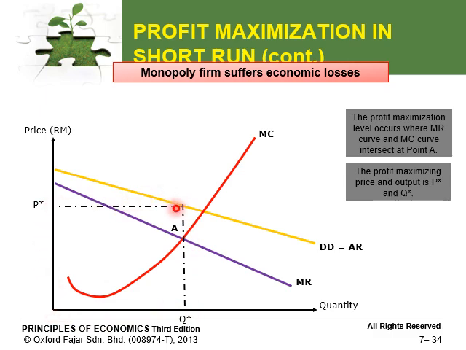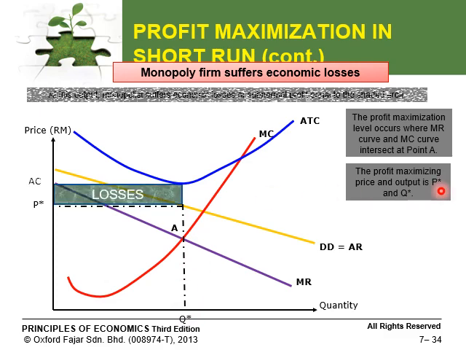This is their revenue. So where do we identify their costs? You see the average total cost curve is located above the average revenue. It shows that the amount of cost is higher than revenue. So you can see the amount of losses incurred by the company in this area.